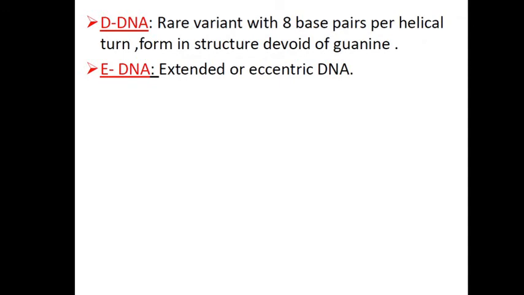That is, the chain of nucleotides is lacking guanine. It is simply A, T and C. These 3 nucleotides are seen. Even the E form of DNA can be seen, which is also known as eccentric DNA.